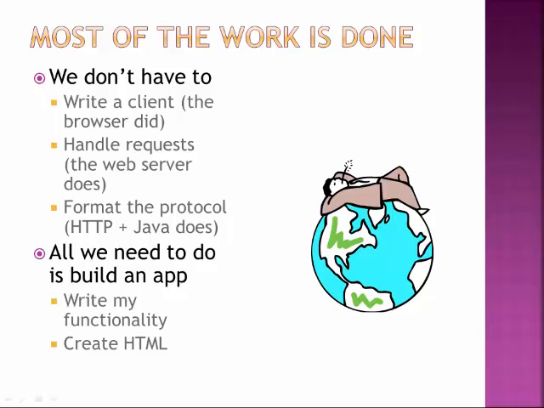We don't need a server side of this. The web server does that. It creates the server socket. It receives that information. It translates the HTTP, the protocol stuff. The HTTP protocol is handled by the Java web server that's written on top of that. So all we need to do is write functionality and respond using HTML. So our job is ridiculously simple compared to everything we had to do for a basic introduction app.